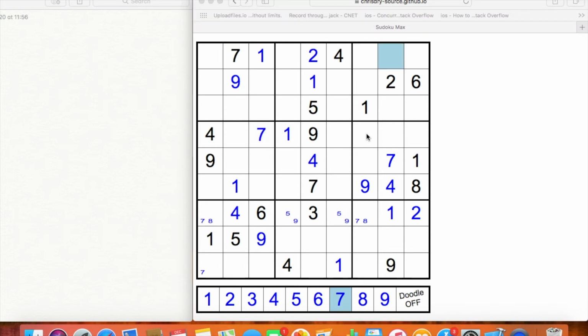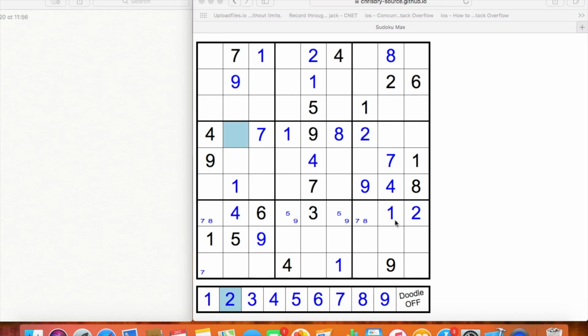The only top right that can have an 8 is that one. If you just check quickly there, yes, that's correct. So the only top right that can have an 8 is that one. The only top middle that can have an 8 is that one. And the only top left that can have a 2 is now this one.